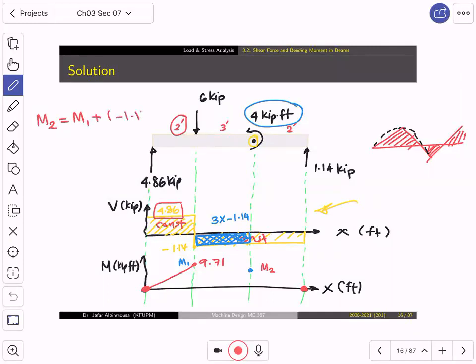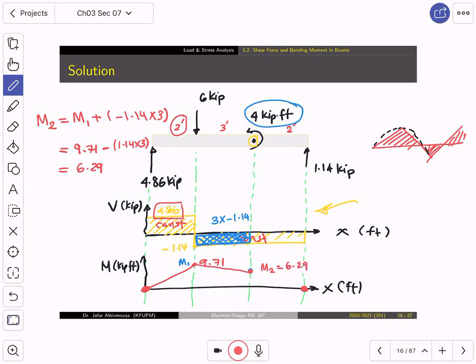Minus 1.14 multiplied by 3. Now M1 is how much? 9.71. And then we need to subtract 1.14 multiplied by 3. The result will be 6.29. So I come here and put this M2, which is 6.29.